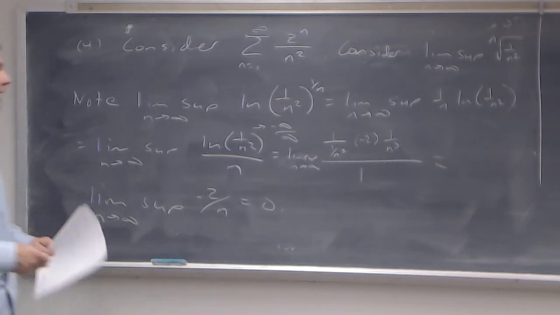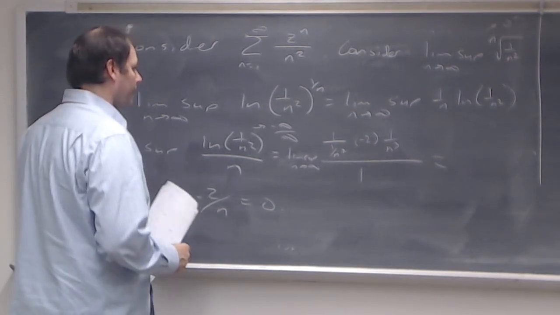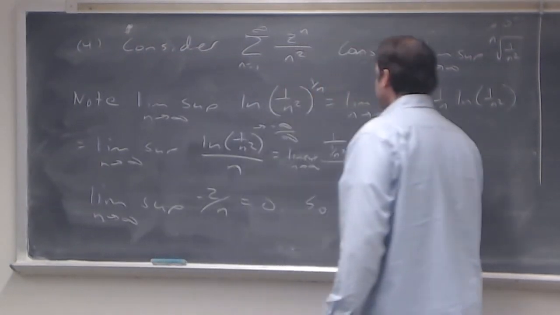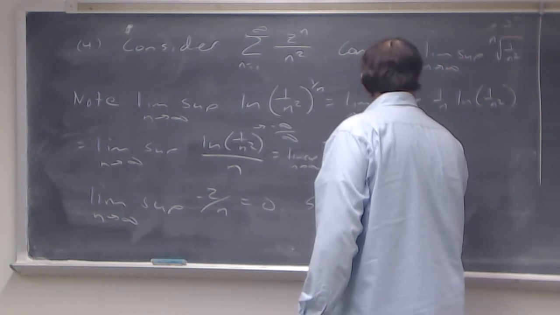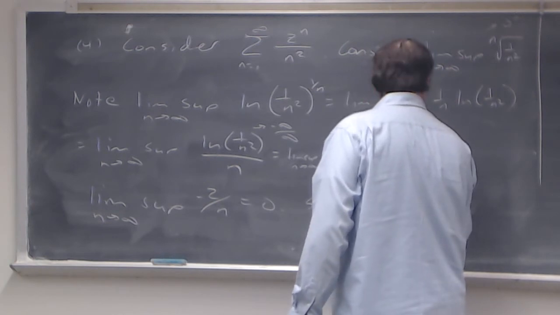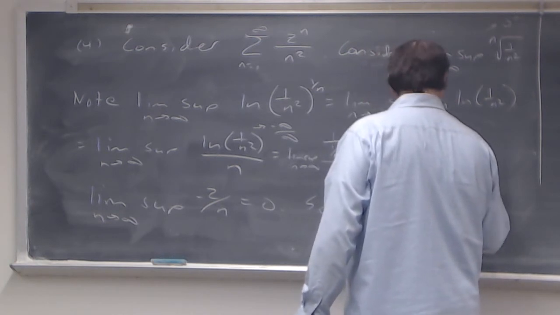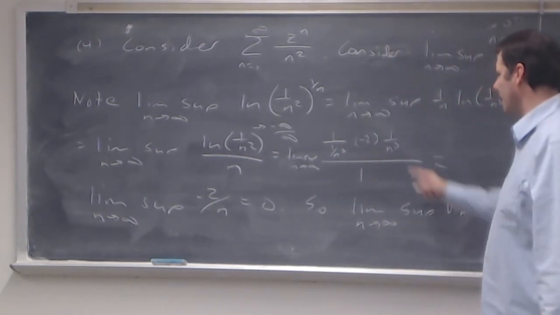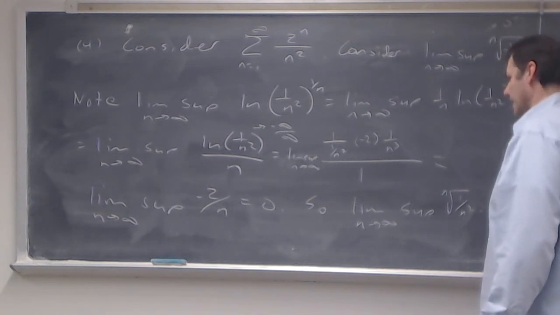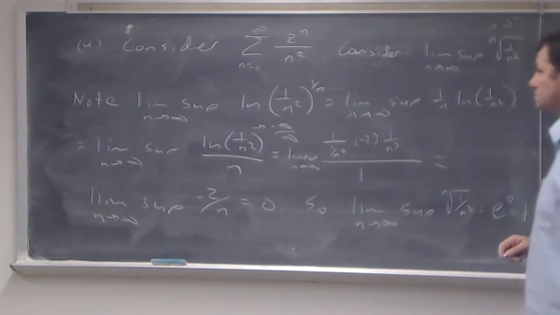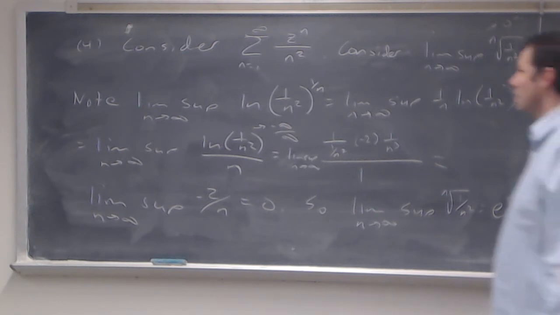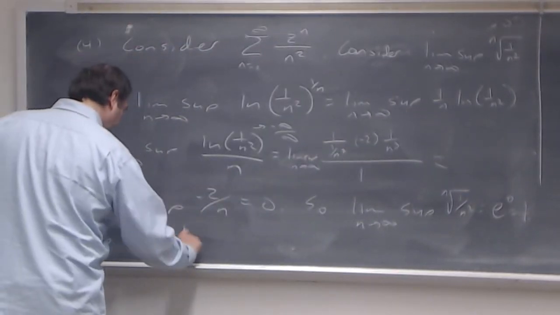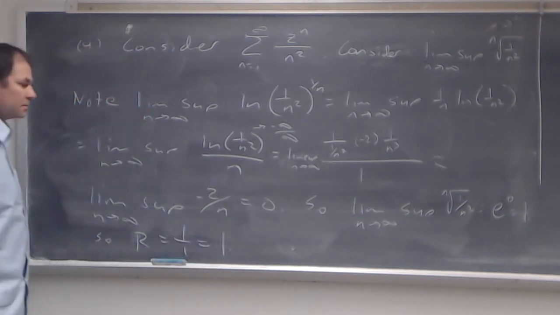What we end up getting then is that the lim sup of the nth root of 1 over n squared is going to be equal to e to our answer here, which will be e to the 0, which equals 1. Okay. So r is equal to 1 over 1, which equals 1.